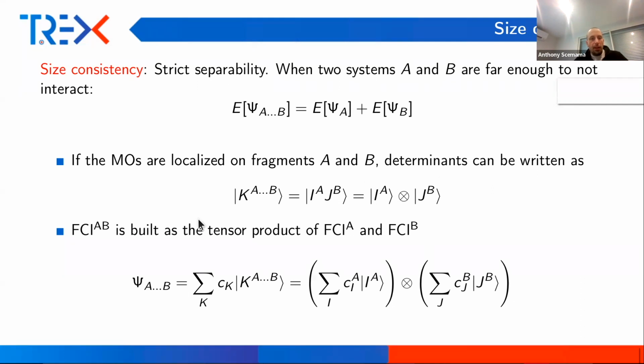Okay, and this is a property that you have at the full CI level. So when you make a full CI calculation, you obtain size consistent wave functions.